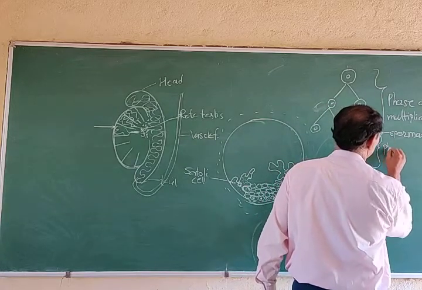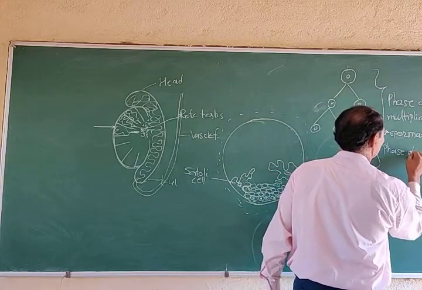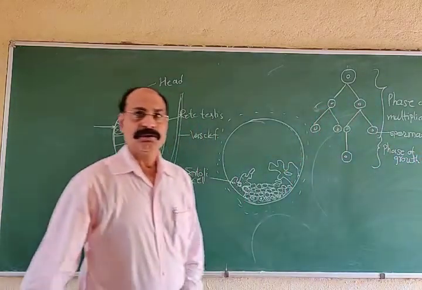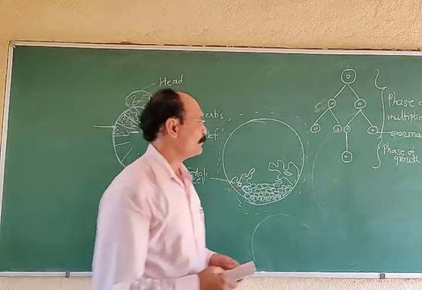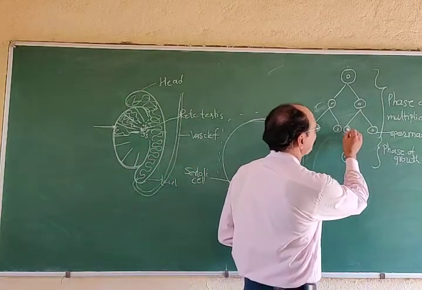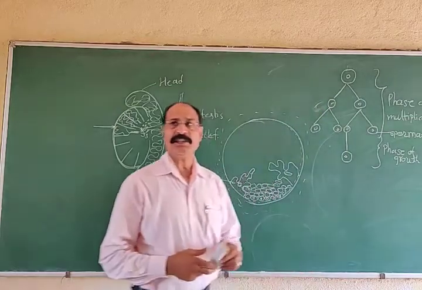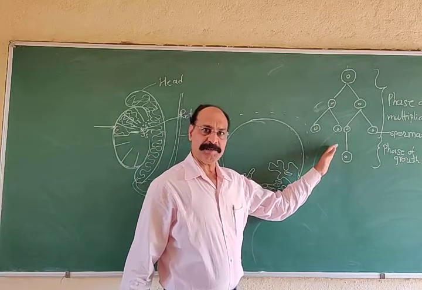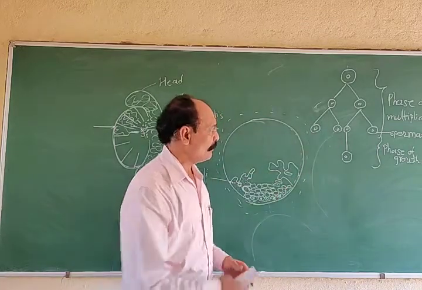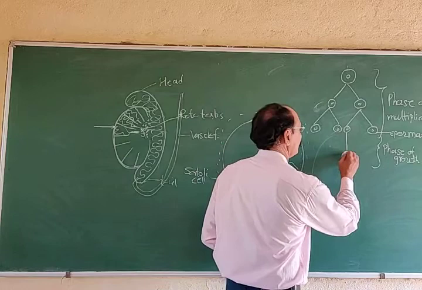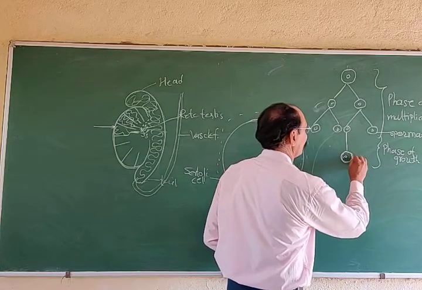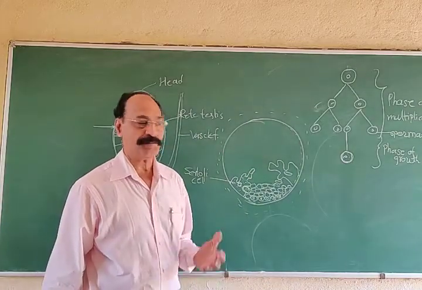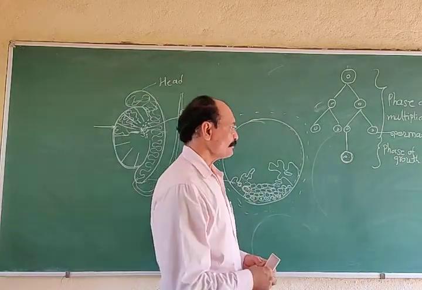In the phase of growth, the growth of this spermatogonium takes place, deposition of material takes place, as well as addition of cytoplasm, so that the size of the cell increases about double in spermatogenesis.